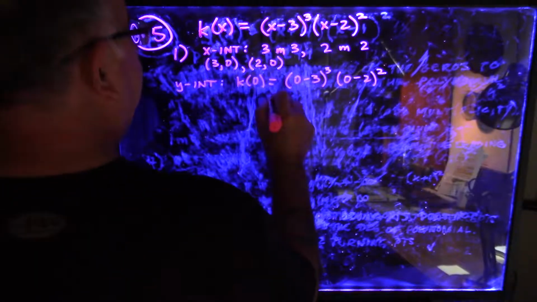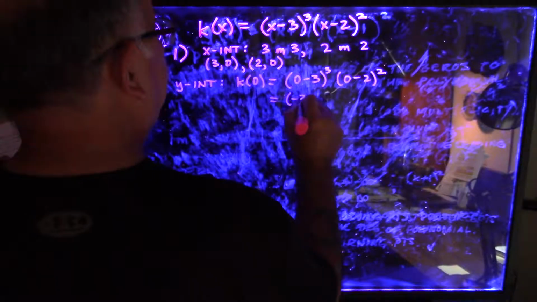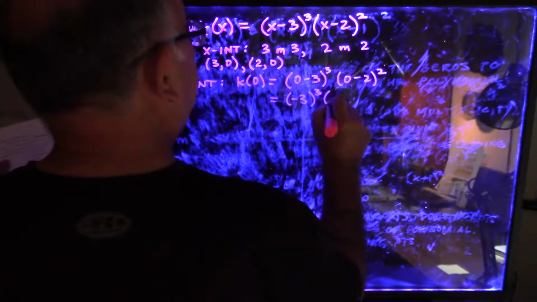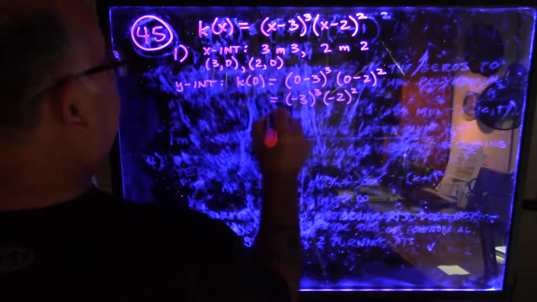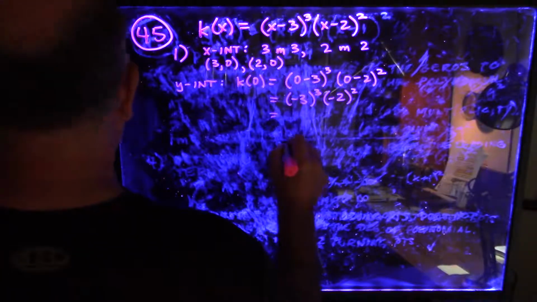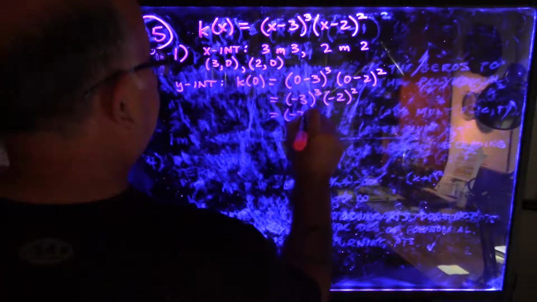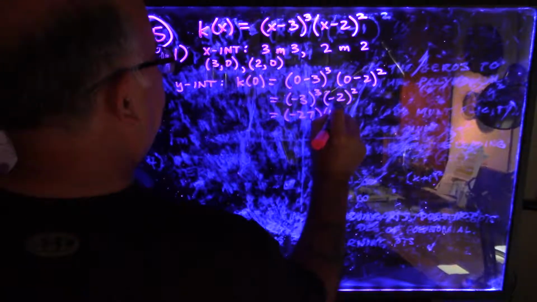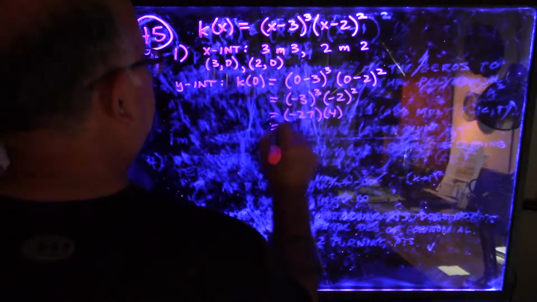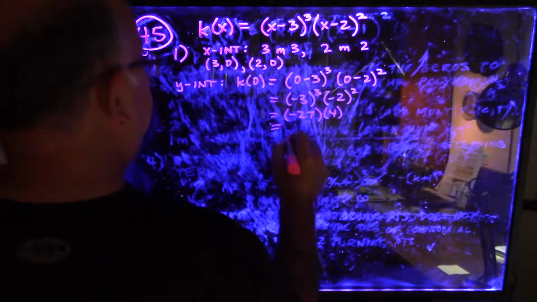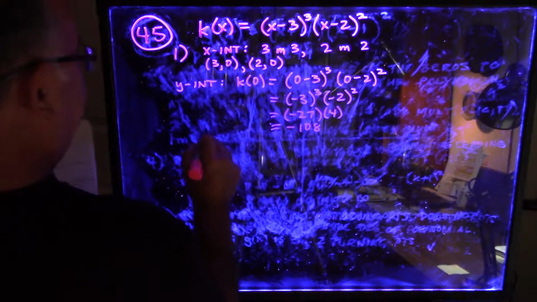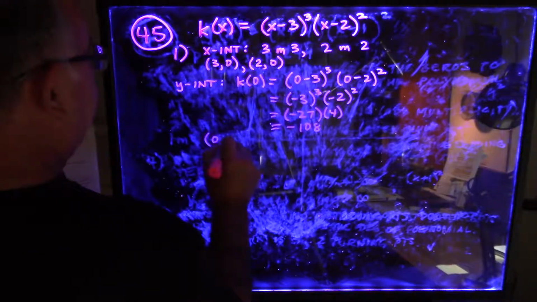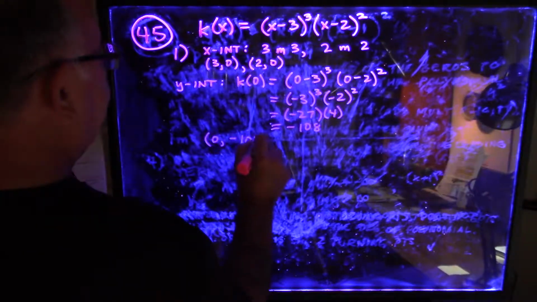And so that equals negative 3 cubed times negative 2 squared. That equals negative 27 times 4. And finally we get negative 108. So we have the point 0, negative 108.